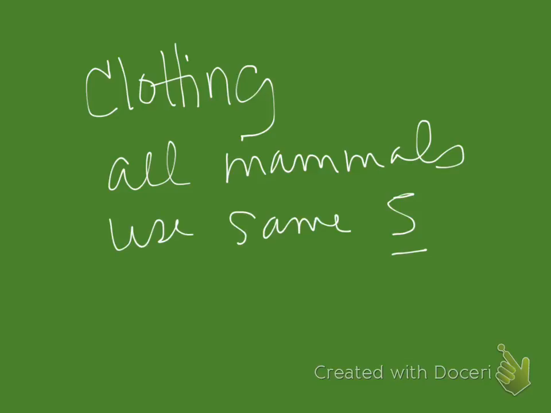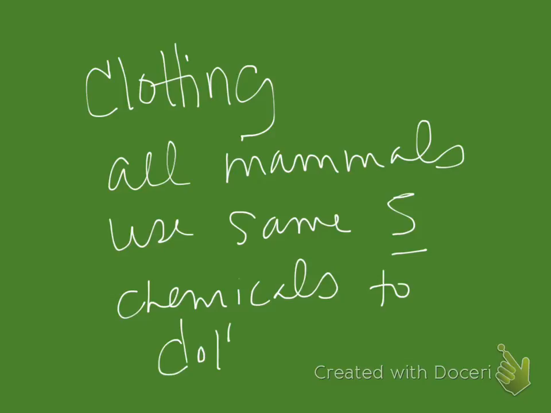I think it's 5. Same 5 chemicals to get their blood to clot. Okay, so all mammals use the same 5 chemicals to get their blood to clot.